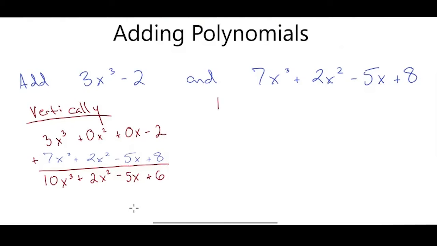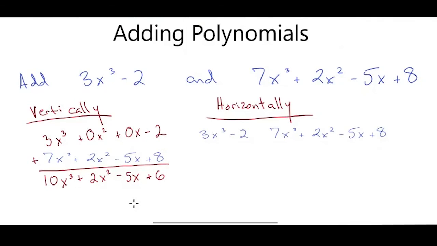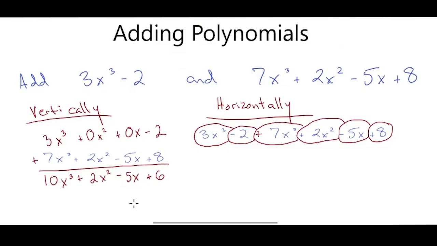Now, if I were going to do this horizontally, with addition, I can just add the two together. All right, so I'll start over here with my sign and my term, my sign and my term, and so on and so forth. All right, so I'll start off with the 3x cubed, and then I'll look for a like term with the 3x cubed, and that's plus 7x cubed.